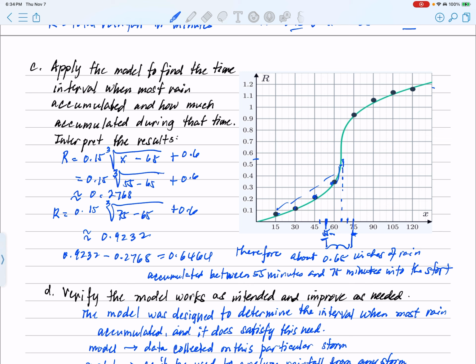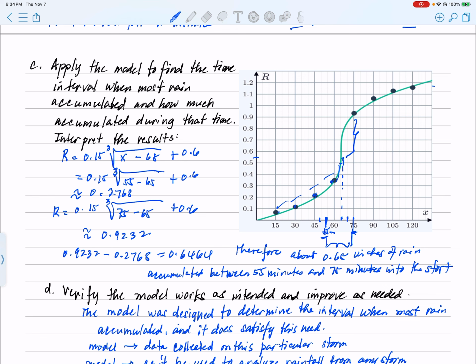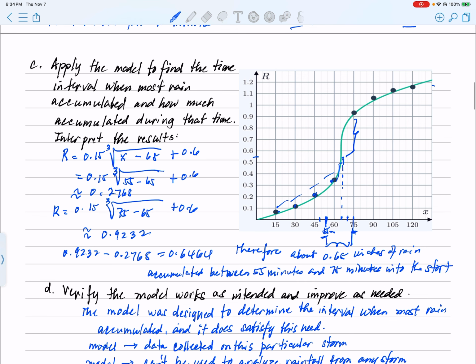Others may assume a different time interval, larger or smaller, which would have produced different results. So this is based on the assumption.